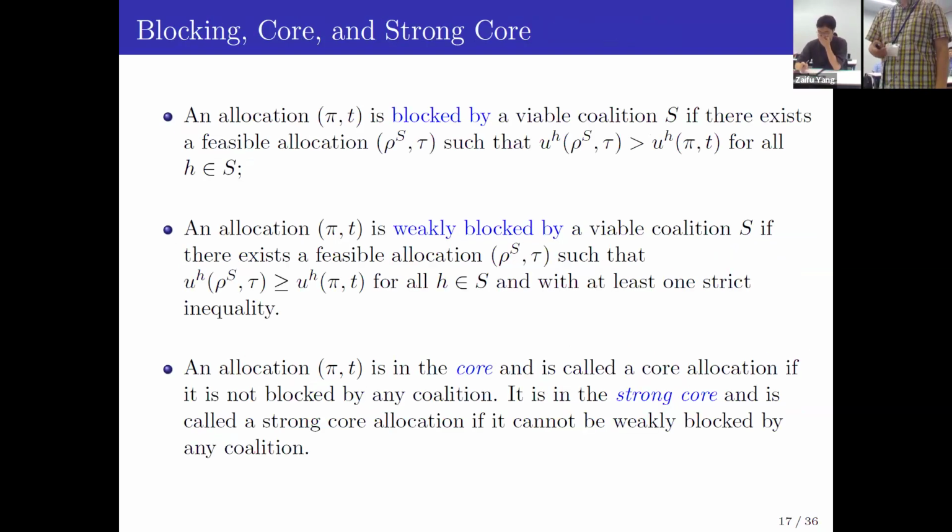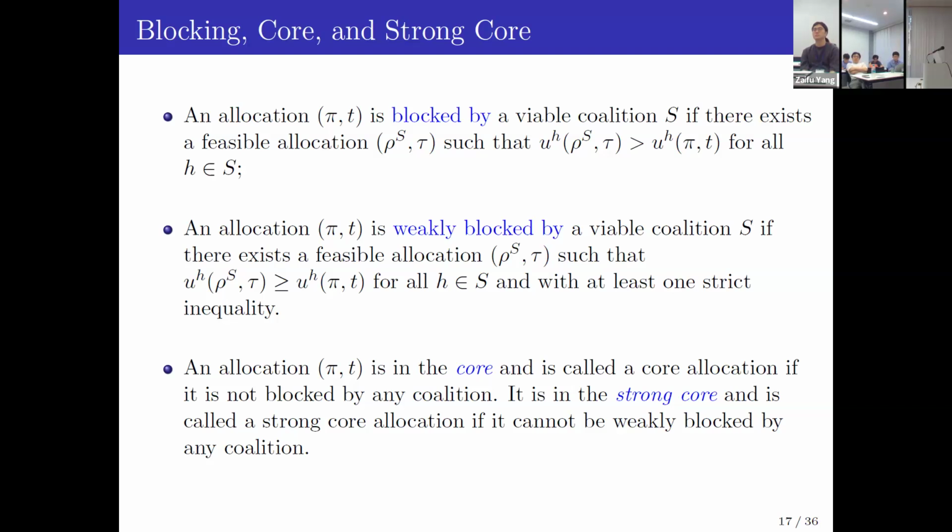Okay, so then we define blocking and the strong core. An allocation is blocked by a valid coalition S if there exists a feasible allocation for the coalition S such that every coalition member becomes strictly better off compared with the original allocation.